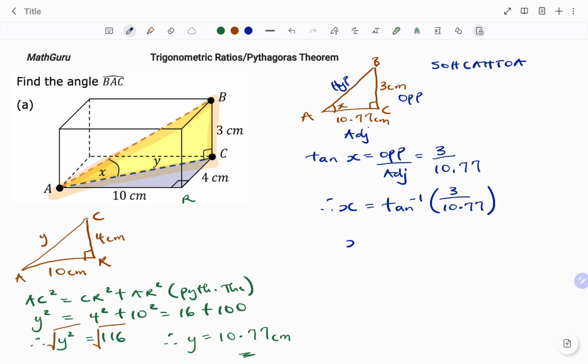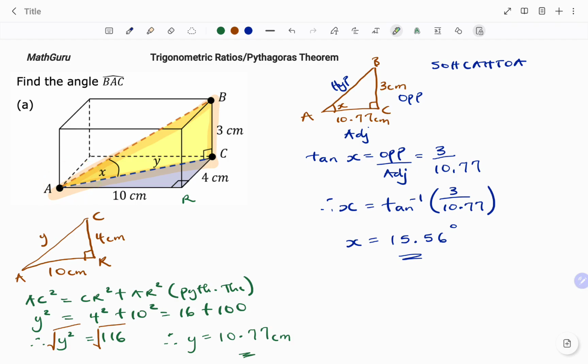To find the arctan, press the second function button on your calculator, and then you press the tangent button. So second function of tan will give you arctan, and if you punch that in, you're going to have 15.56 degrees. So that is the value of the angle BAC as shown.